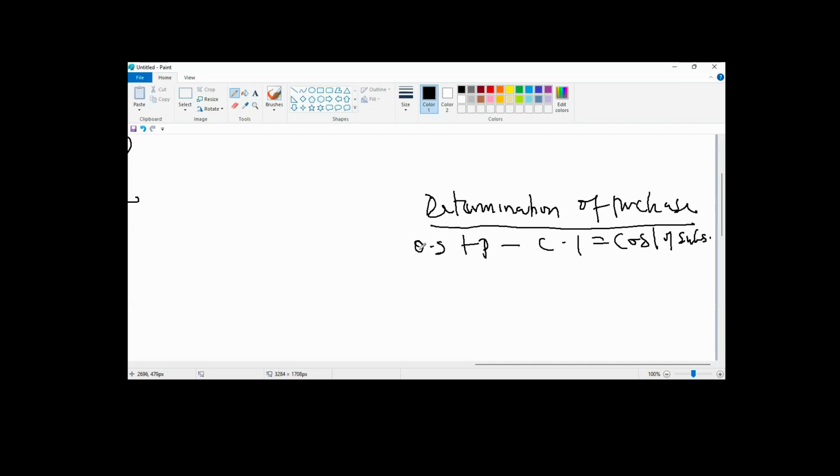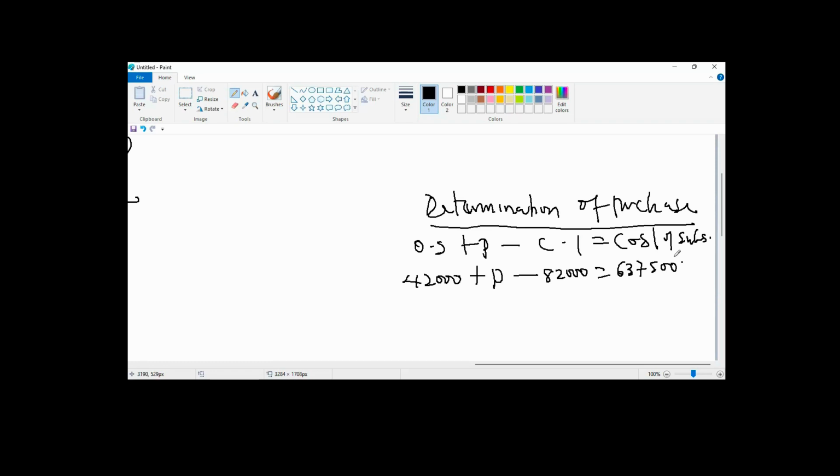What is the opening inventory? $42,000. Plus purchases minus closing inventory of $82,000 equals cost of sales. What is the cost of sales? 637,500.